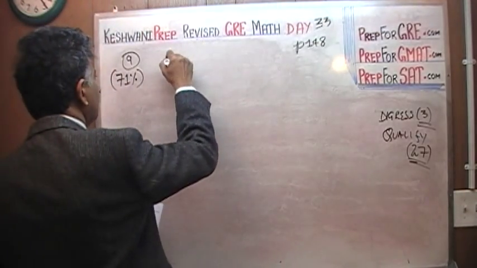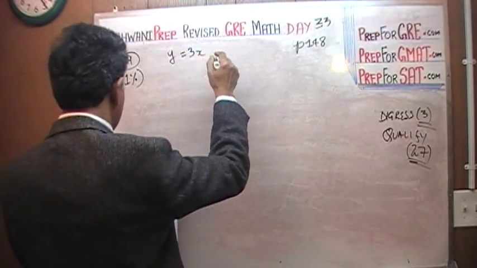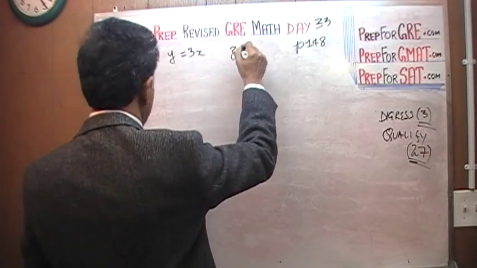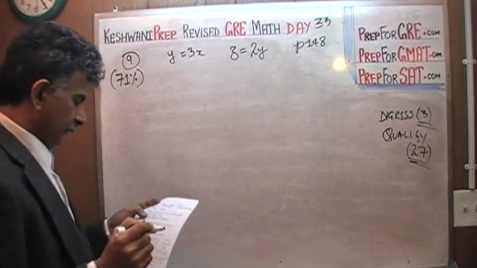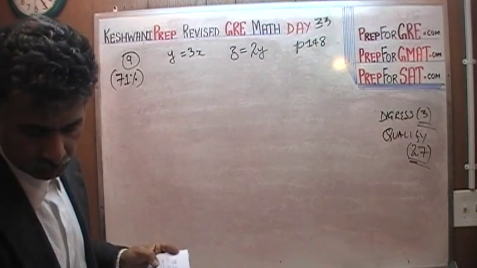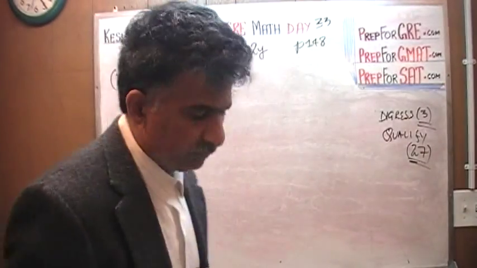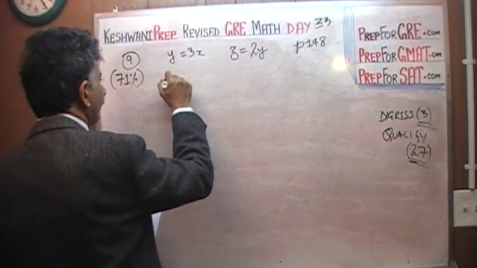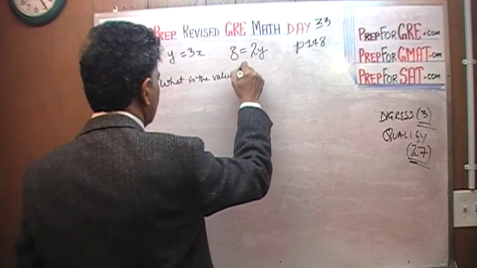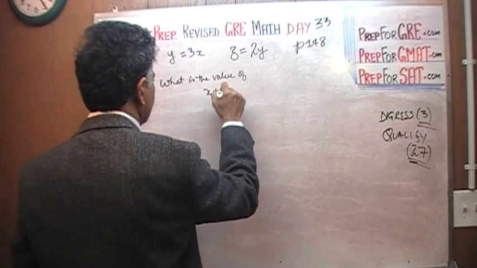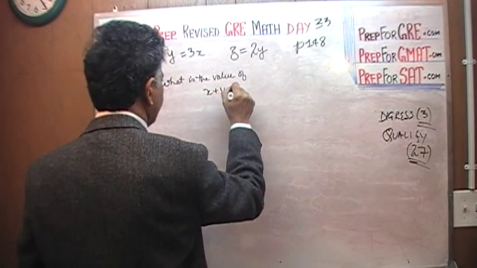We are told that y equals 3x. We are told that z equals 2y. And the question simply is, what is the value of x plus y plus z? What is the value of x plus y plus z?